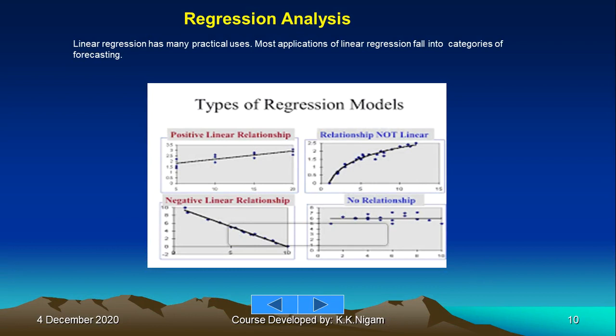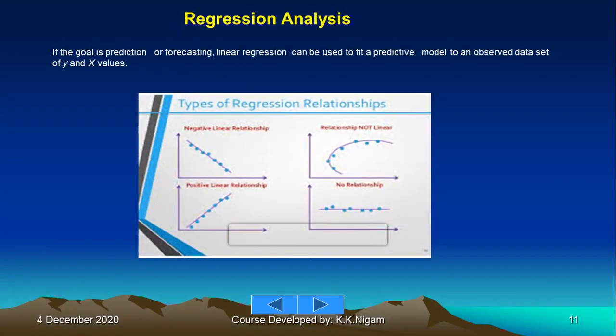Linear regression has many practical uses. Most applications of linear regression fall in the category of forecasting. That is why, you will see, the first attempt is always made with the linear regression model. There are various models that can be created with the help of regression analysis. If the goal is prediction or forecasting, linear regression can be used to fit a predictive model to an observed data set of y and x values.